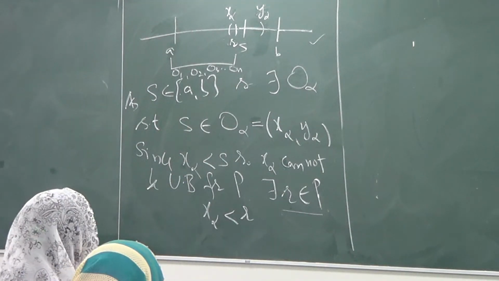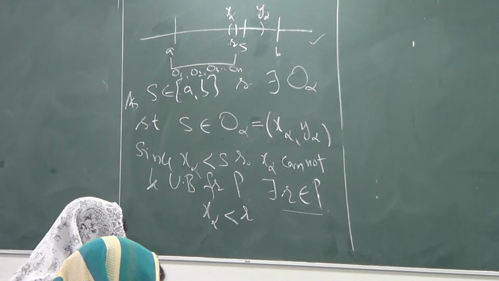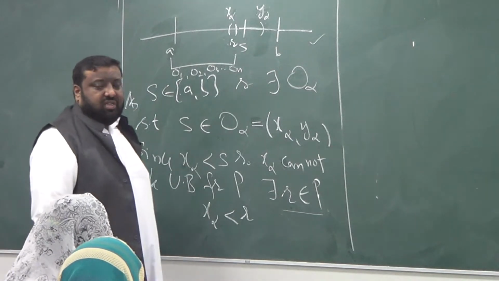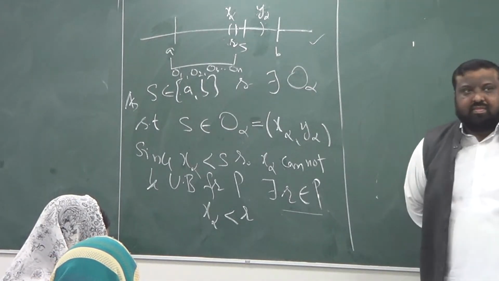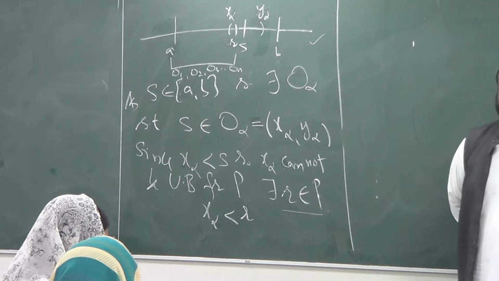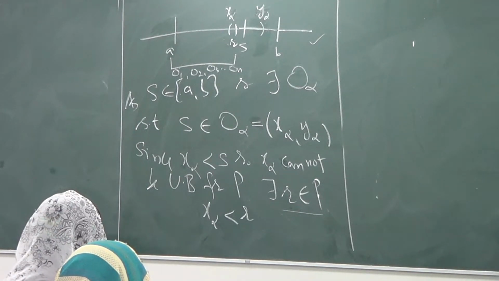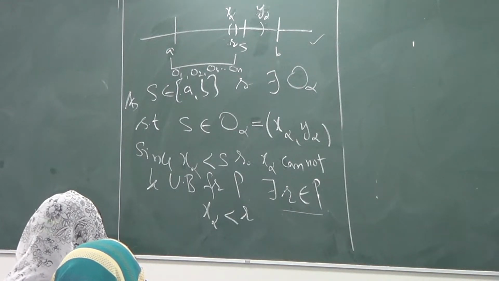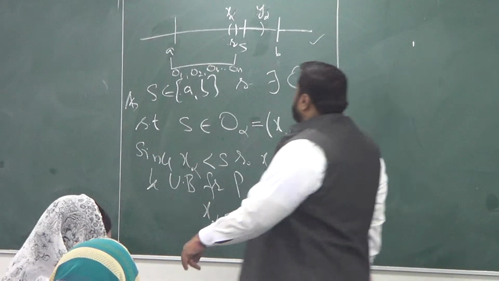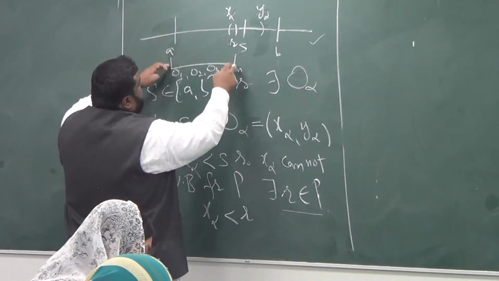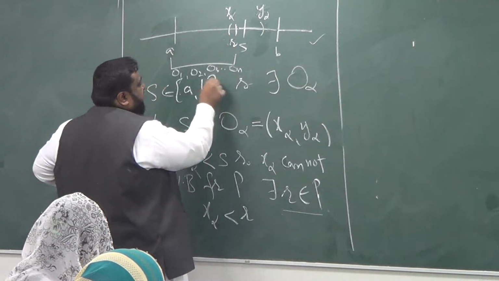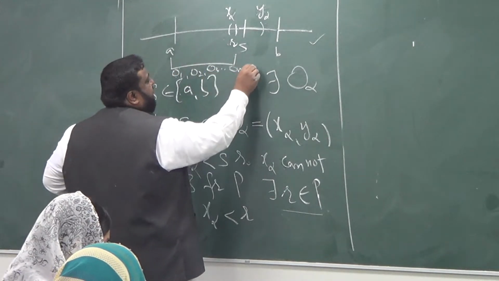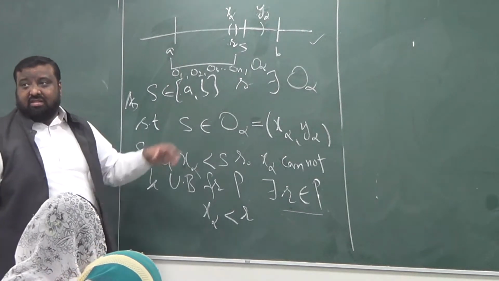Keeping in view this picture, give me a finite subcover for A to S. So if in this part I include this open set which contains S, in other words, if to O1, O2, On, I add O alpha, just think about it.